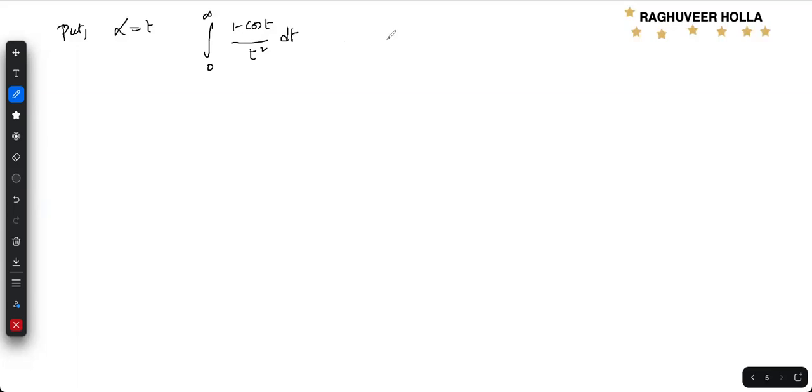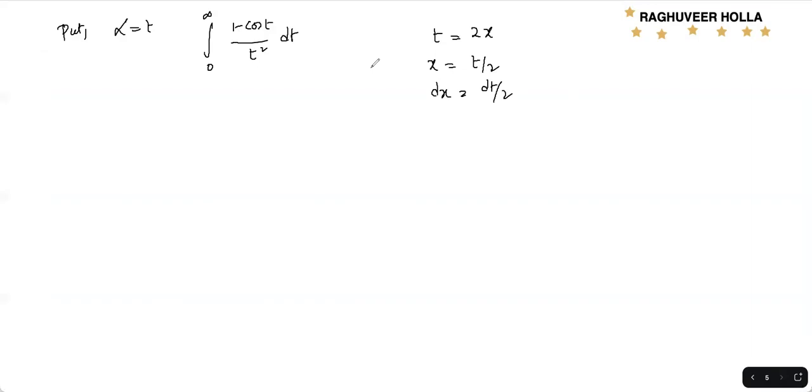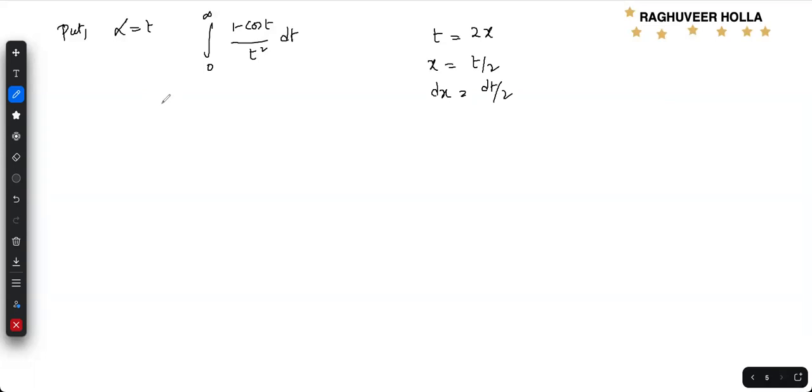So let us substitute t as 2x here. So x will be t by 2, or dx is equal to dt by 2, right? Let us substitute it, and there is no change in the interval, it is the same.